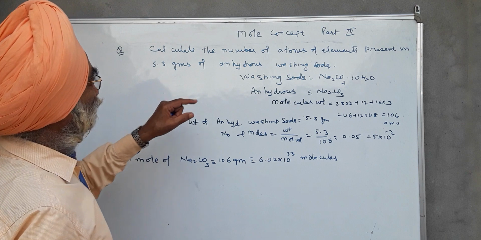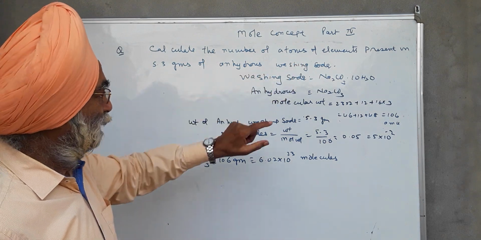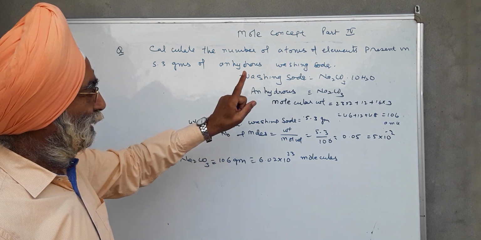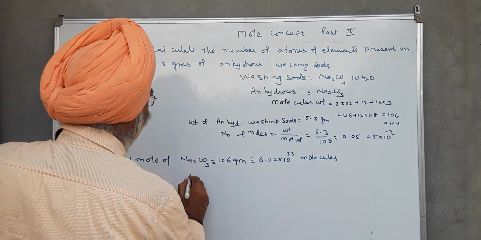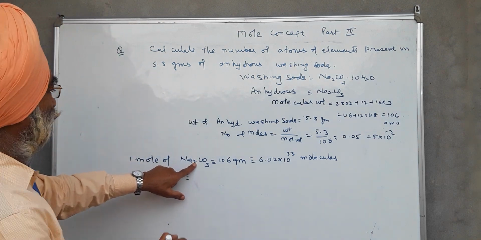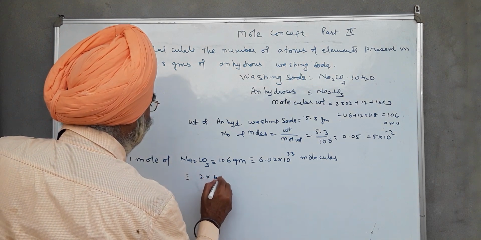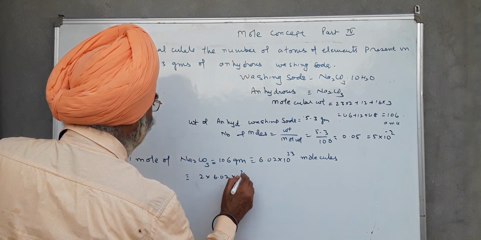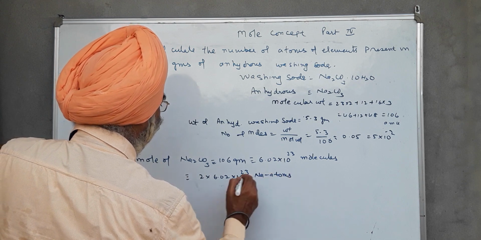Now, atoms of elements: sodium, carbon and oxygen. One molecule has 2 sodium atoms. 1 mole will have 2 into 6.02 into 10 raised to the power 23 sodium atoms.